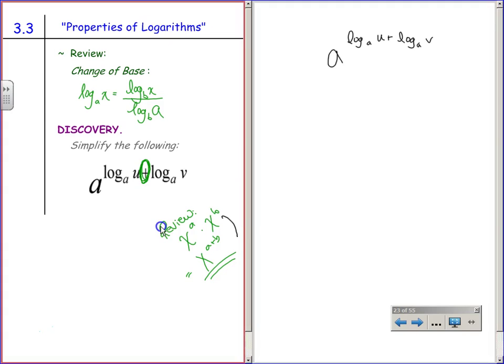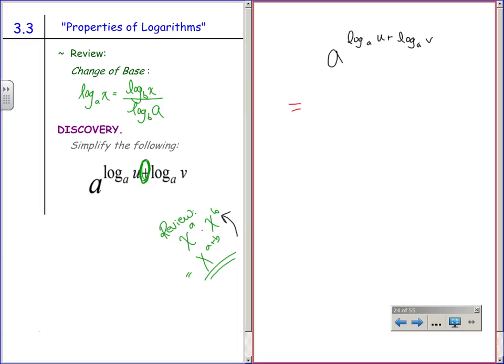I can go backwards because of this property from Algebra 1, and this is the exact same thing as a to the, yeah, just ignore that part. As I go retrieve my pen, does that make sense?